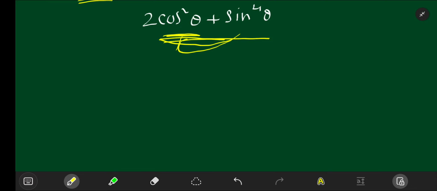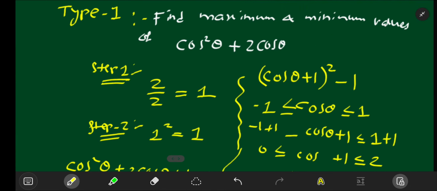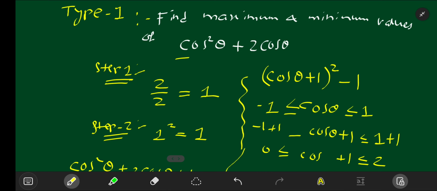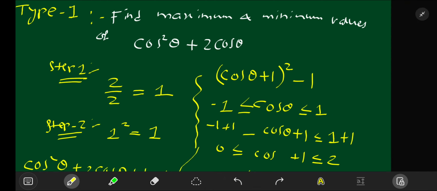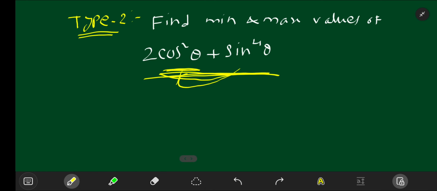In the previous problem also it was in one trigonometric ratio, cos theta. It is not a different trigonometric ratio. So we have to first convert this into a single trigonometric ratio.